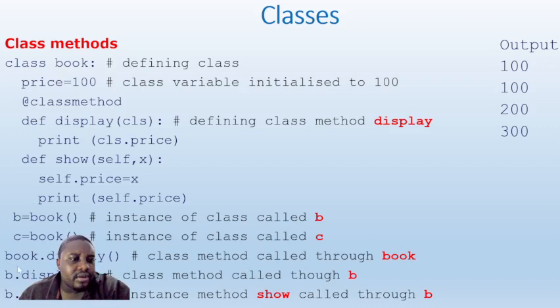For example, we have Book.display there. It's a class method called through Book, and this one is a class method called through B. And then also there is an instance method show called through C. So that's how you can go through this program. You can type it in your software, check, and then analyze how it works when we are working with the class method.